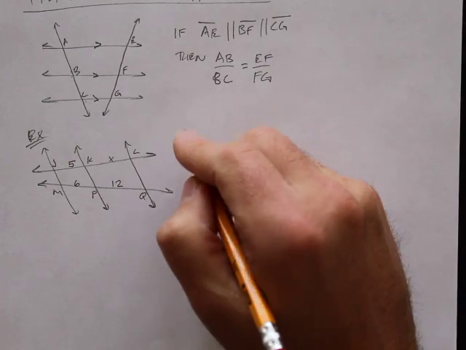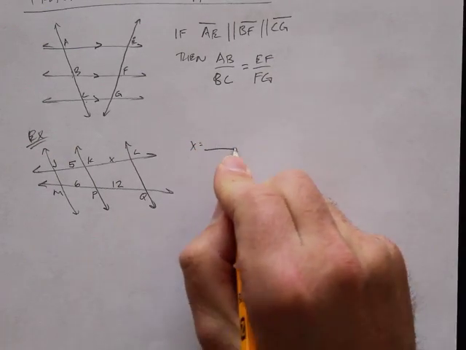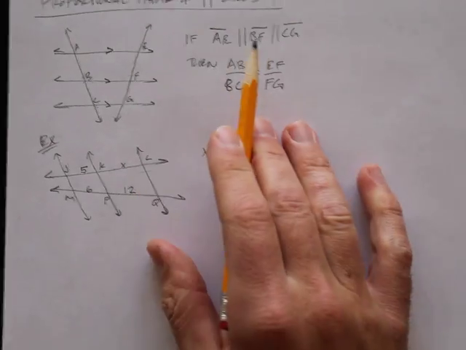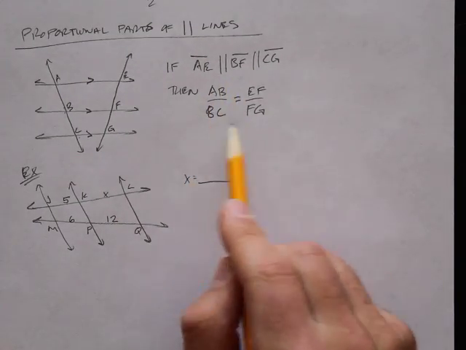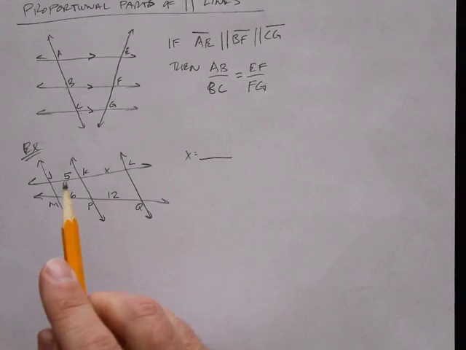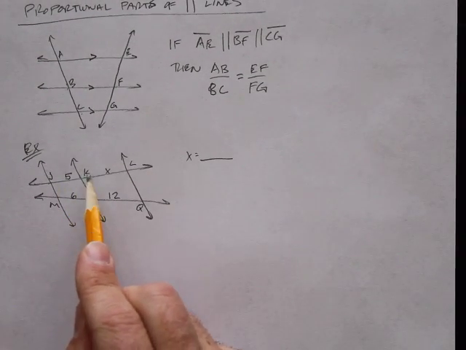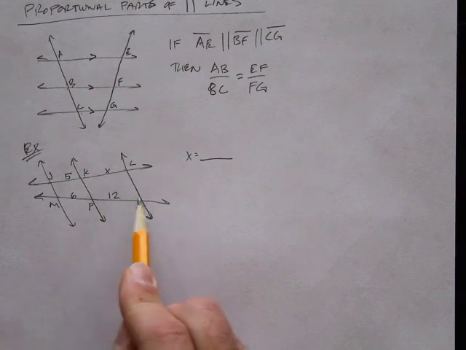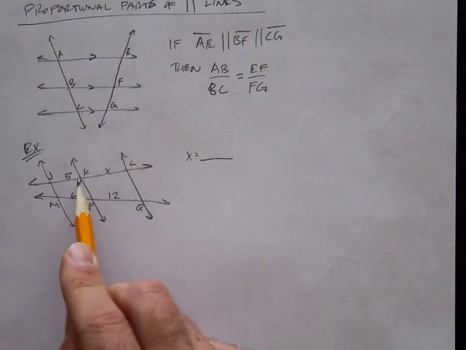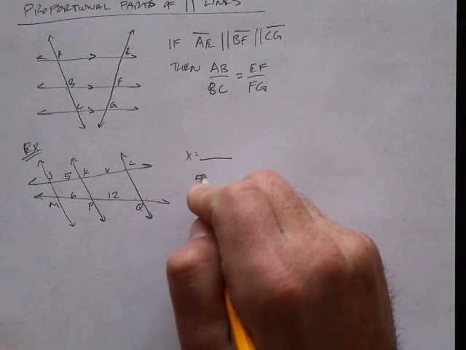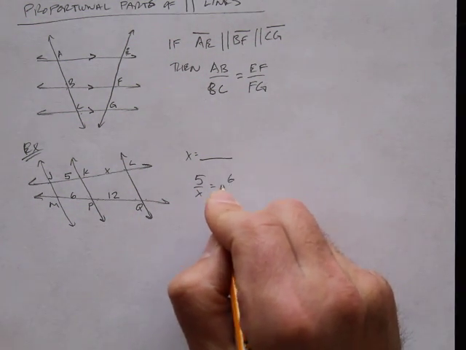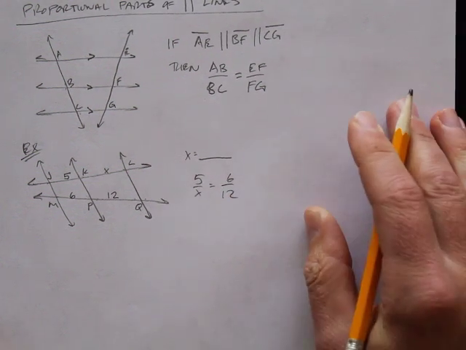Okay, so I want to know what X equals, which is KL. So what I'm going to do is I'm going to use this proportion here to find out. So I know that this over this equals this over this. So let's do that. 5 over X equals 6 over 12.